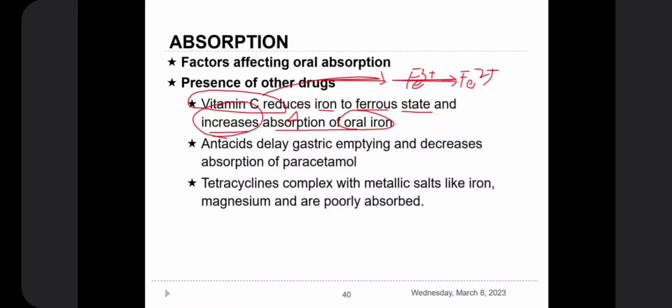Okay, this is about how a drug influences the absorption of other drugs. Like the tetracyclines, they cannot be used combined with the ions because tetracyclines can bind these ions, and both of them will become bigger and hard to cross the membrane, and their absorption will decrease.